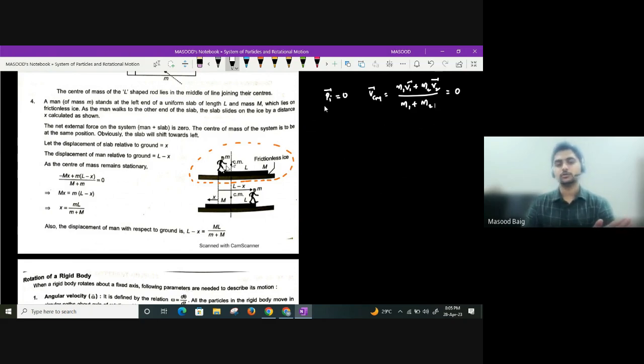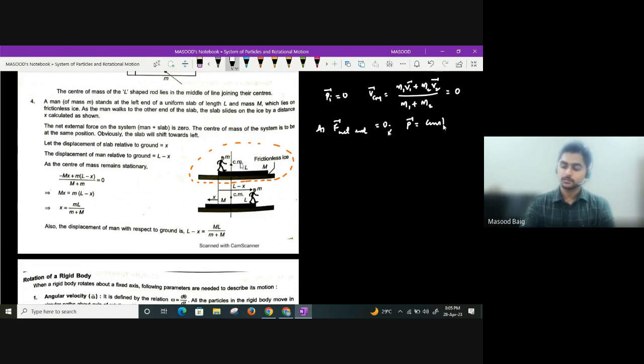The man decided to move to the other side, guys. So is there some momentum with the man? Yes. So the man is moving. Is it happening inside the system, guys? Yes, it is happening inside the system. So are there any external forces? No. As the net external force is 0, what will remain conserved?